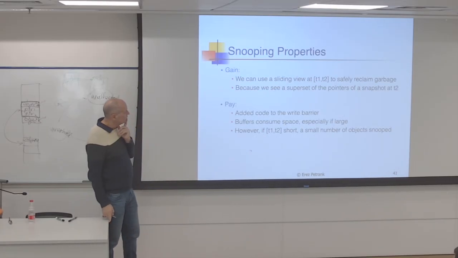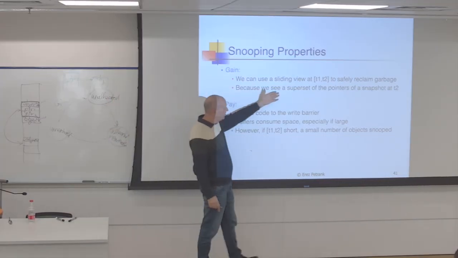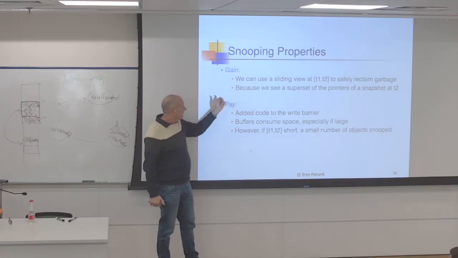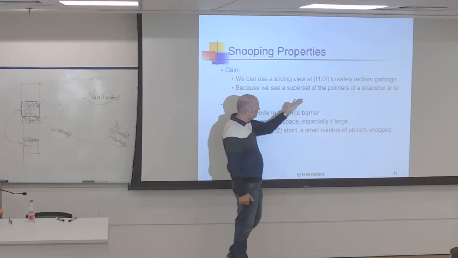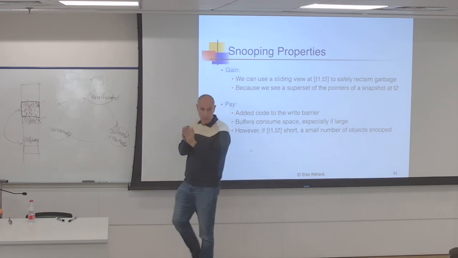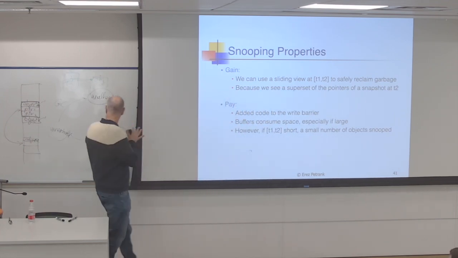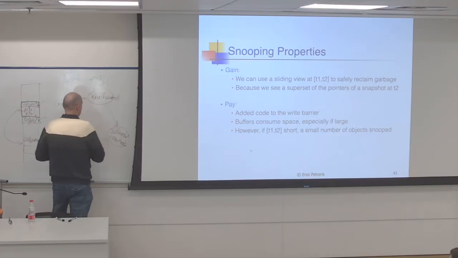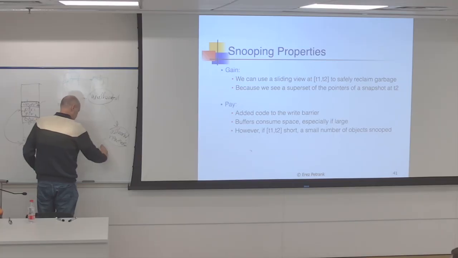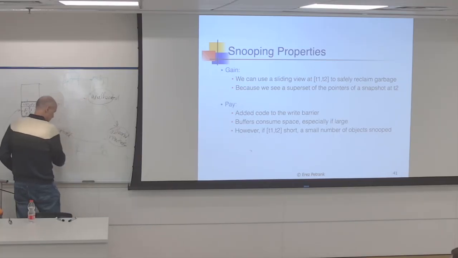Okay, so the gain is that we can use the sliding views to safely reclaim garbage. We safely reclaim garbage because we see a superset of all the pointers at T2. So we have this T1 till T2. This is time.